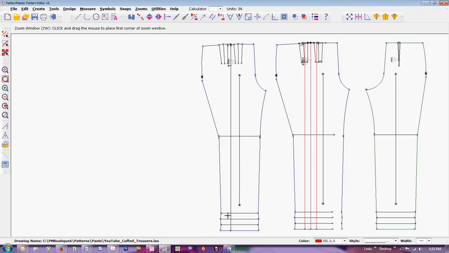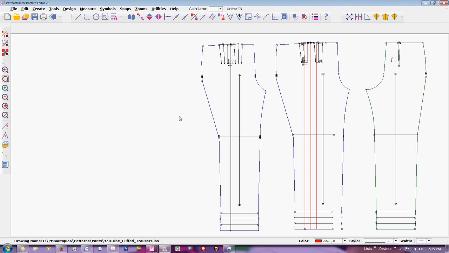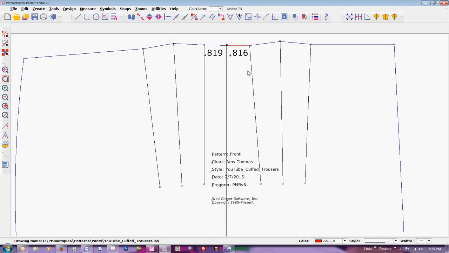Let's zoom in down here, because this line I drew, that's where you're going to cut the tissue pattern. So let's intersect it here to here, and let's break this bottom apart at that point. Now let's do some measuring up here. I want to know how far it is apart from this point to this point.